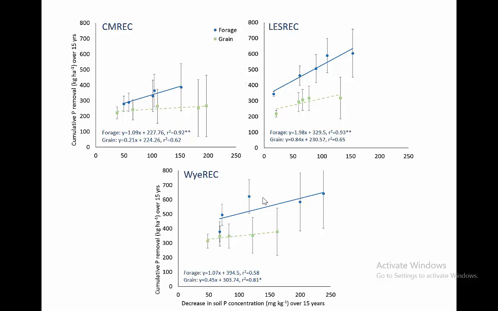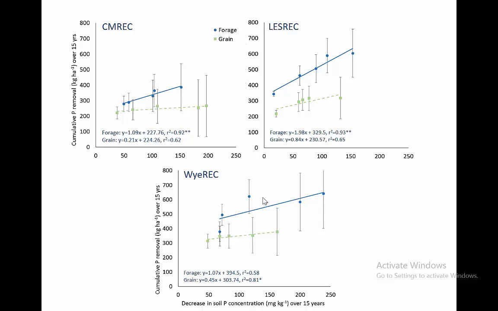I wasn't going to make these slides, but the reviewer said I had to, so I did it to make them happy, right? So we plotted how much that soil P decreased from beginning to end. And when we look at these, I hope you can see, as I can see, this isn't pretty.